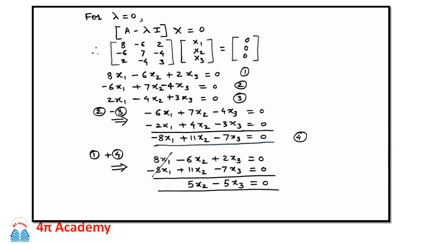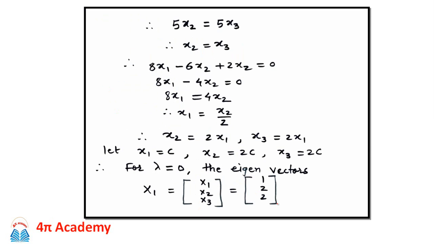So for lambda equal to 0, the matrix (A minus lambda I) into X is equal to 0. So this will give us 3 simultaneous equations, and by solving these equations we get 5x2 minus 5x3 equal to 0.